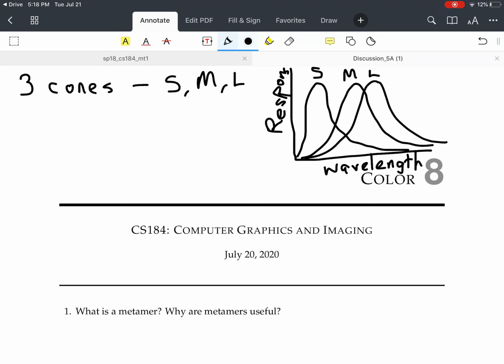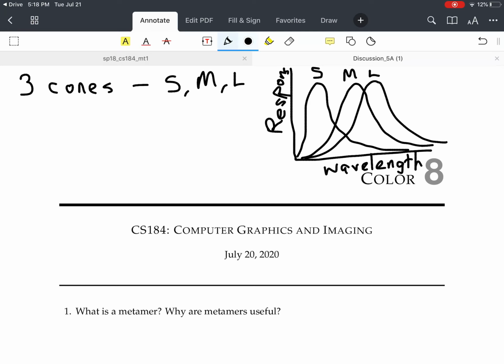S has a higher response to lower wavelengths, M is kind of medium, and then L has a response to the largest wavelengths.